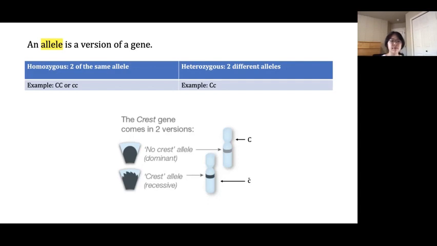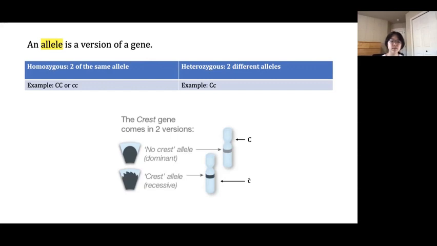On the flip side, if both parents have a crest, then the babies will also have a crest. However, when we have two different alleles, for example, if one parent has a crest and the other has no crest, we call it heterozygous. Hetero means two different alleles or versions of the gene.